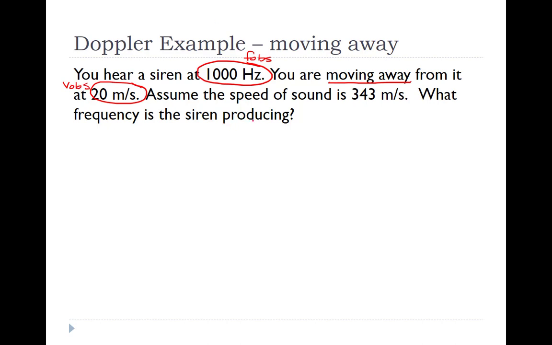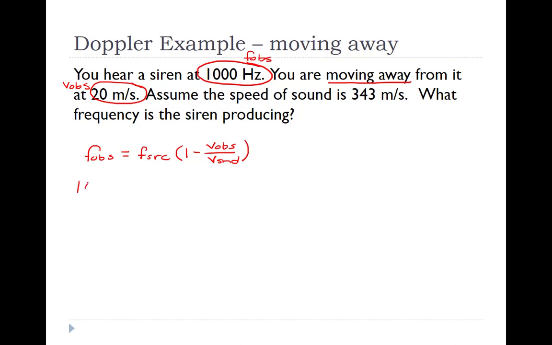Here we're told the speed of sound is 343 meters per second, and we want to know the frequency of the siren. So in this case, I need to use the formula for a moving observer, or an observer moving away. So that would be the observed frequency is the source frequency multiplied by 1 minus the speed of the observer divided by the speed of sound.